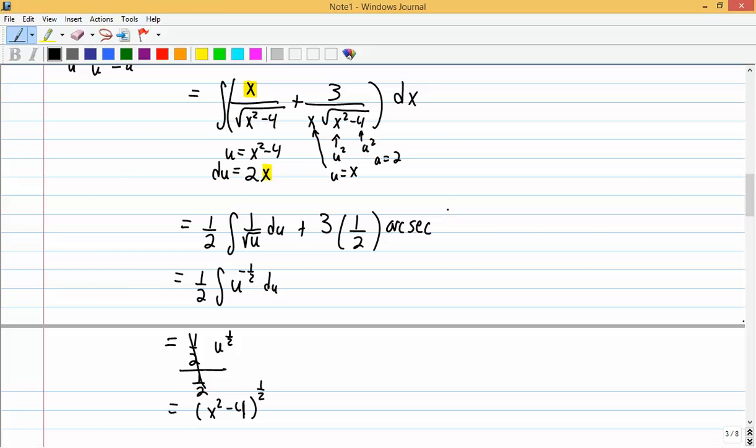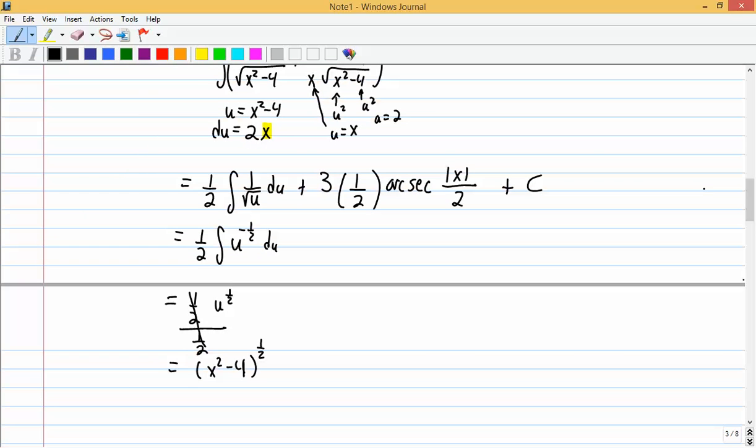So the absolute value of, what was my u? x over 2, plus c. All right, so I'm going to go down here where I have my first part of my answer. This is 3 over 2 arcsecant absolute value of x over 2 plus c.